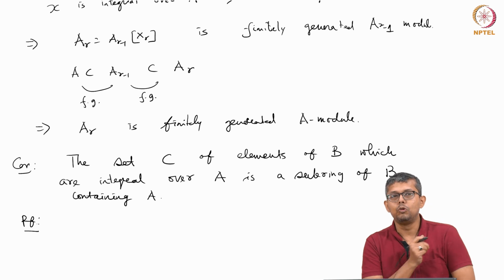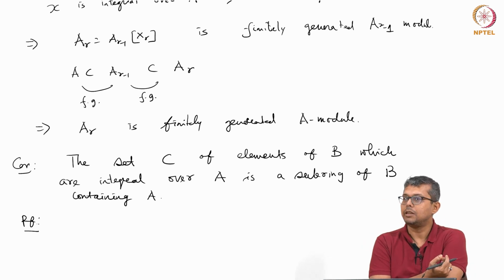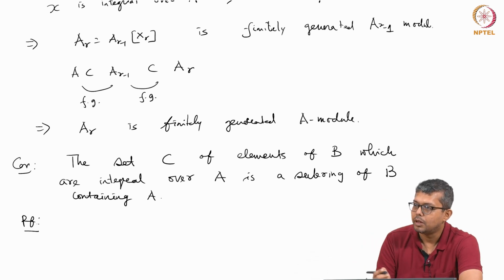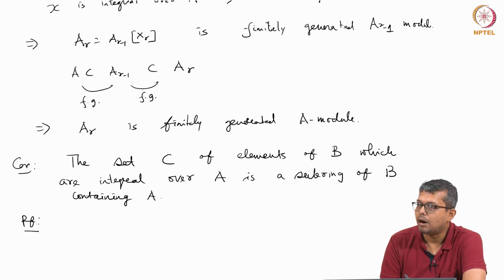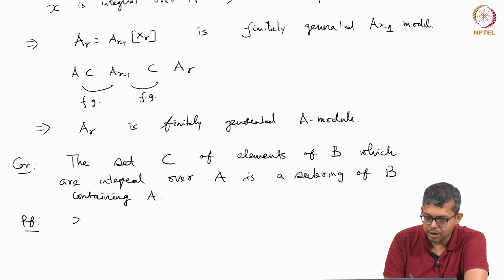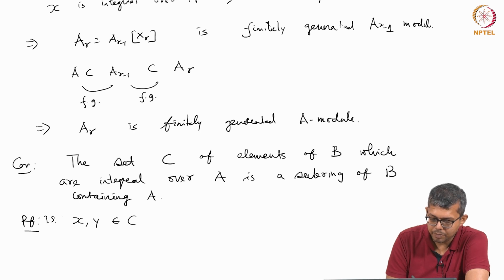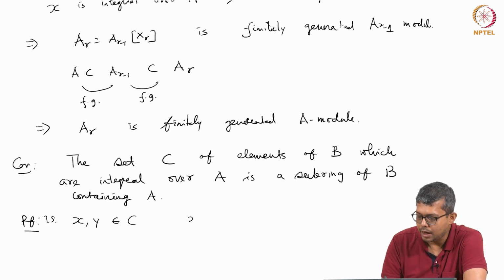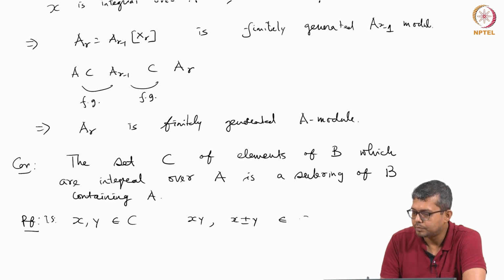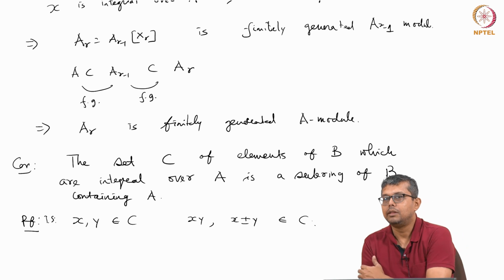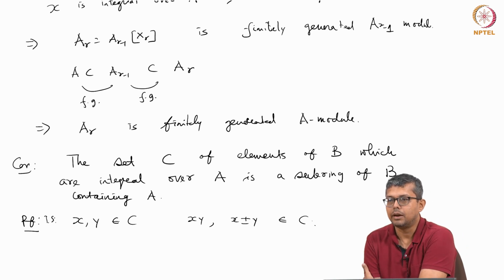So to prove something is a ring, what do I need to prove? I have to prove that if x, y belong to C, then xy and x plus or minus y are elements of C. Then it will be a subring, right?